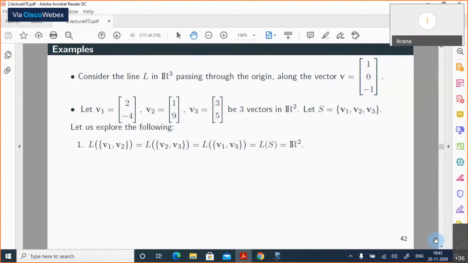Show that the span of v1, v2 is the same as the span of v2, v3. Everybody try to show it in your notebook, and if you are able to prove it, say yes. Then I will ask you how you proved that the span of v1, v2 is the same as the span of v2, v3.